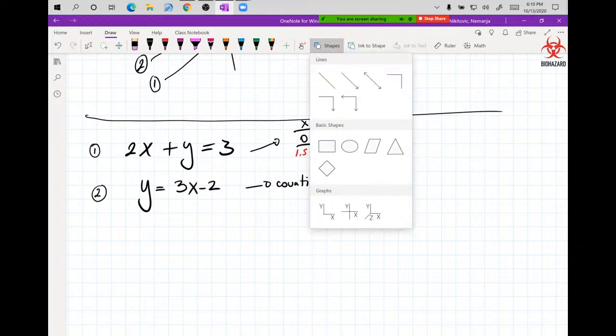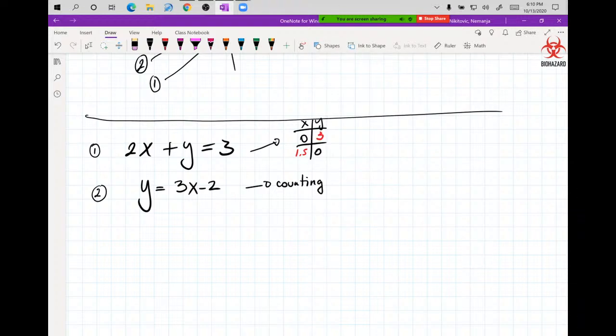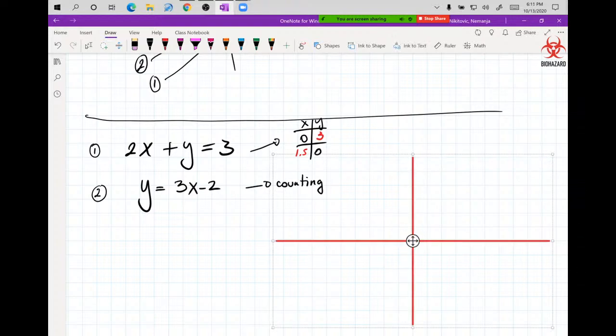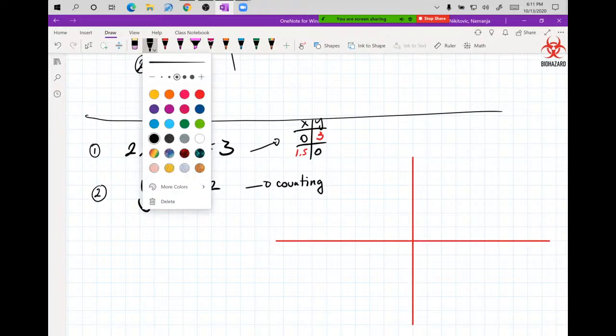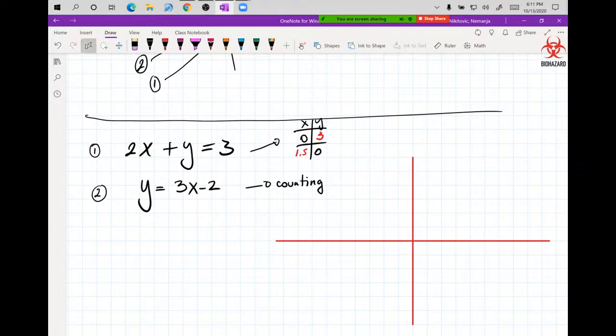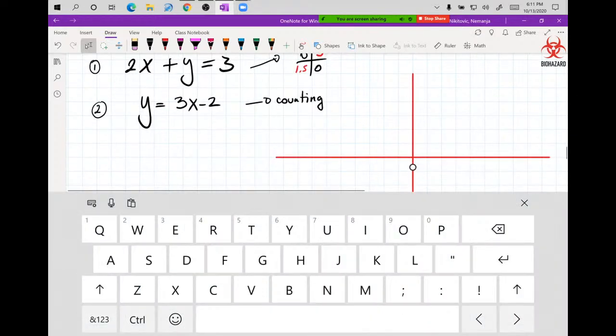Let's graph this. Why are you red? Can I select it now?